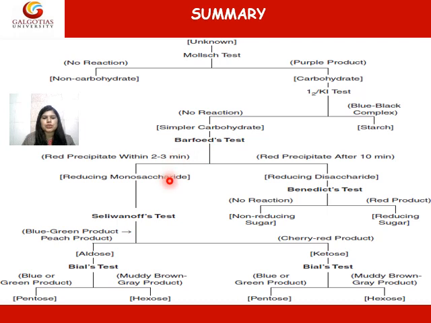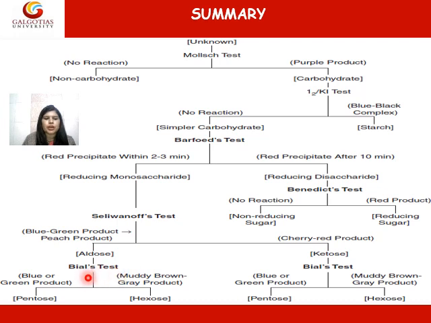Then the reducing sugar, monosaccharide, is further reacted with the Seliwanoff's test. If there is a reddish or cherry red product, then ketose is present, or if there is a bluish or green product present, then this is aldose. Then aldose and ketose are further reacted with the Bial's reagent.